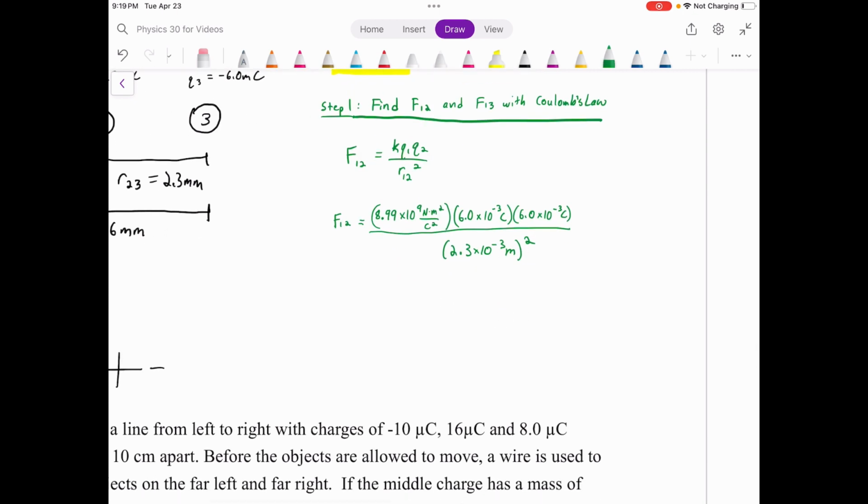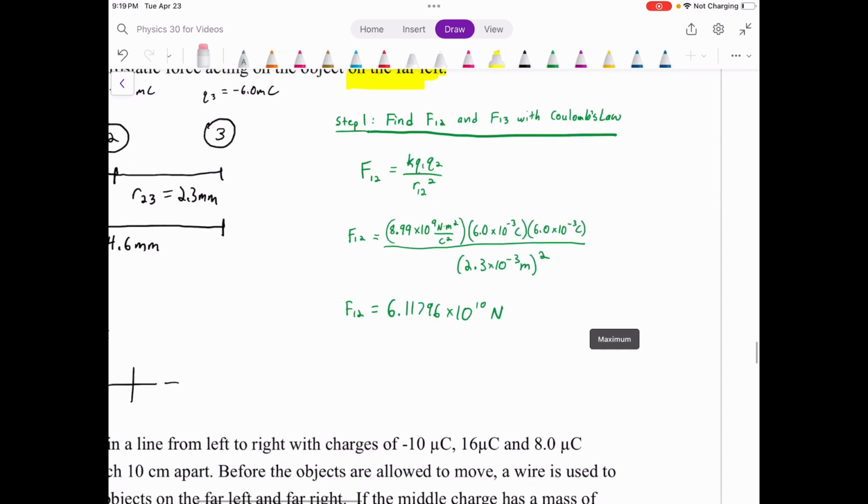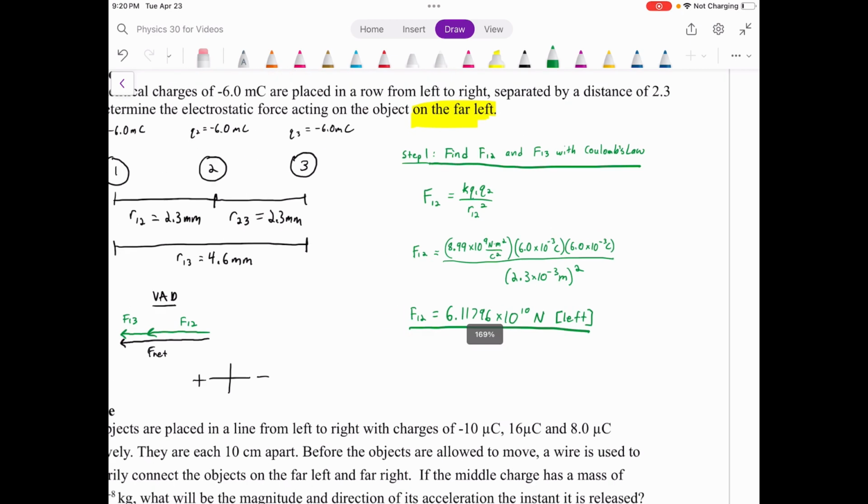Anyway, calculating that all out, I got that the force on object 1 from object 2 was 6.11796 times 10 to the 10 newtons, okay? And it would be to the left. And we can actually say left because it said in a row from left to right. So the direction of that force is to the left. Remember, it's important to think about direction for a vector like force, right?